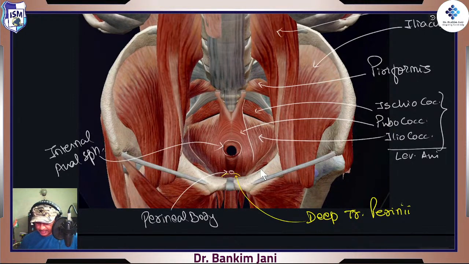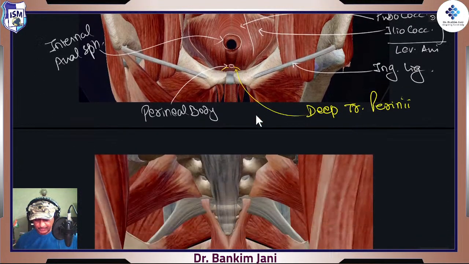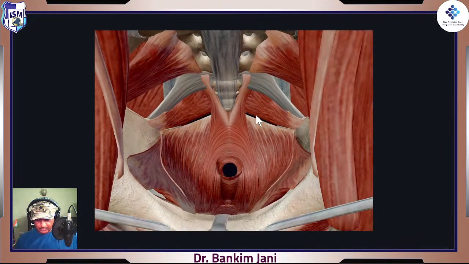Obviously, that's the inguinal ligament, who needs no introduction. So these are the structures. By the way, this one is from the sacrum to the ilia. Okay.